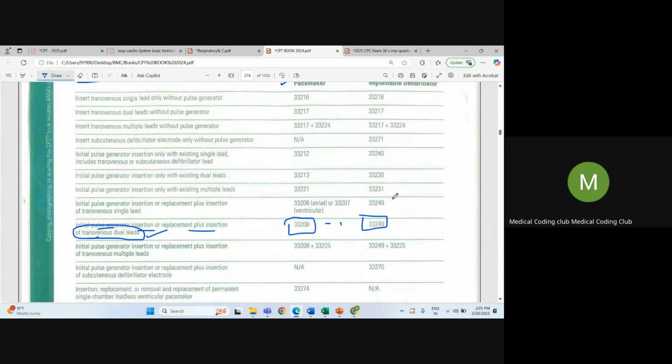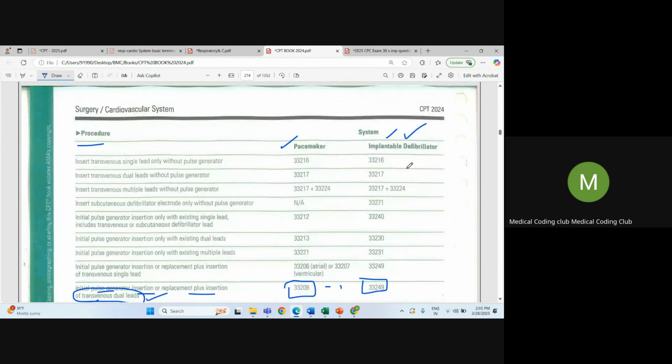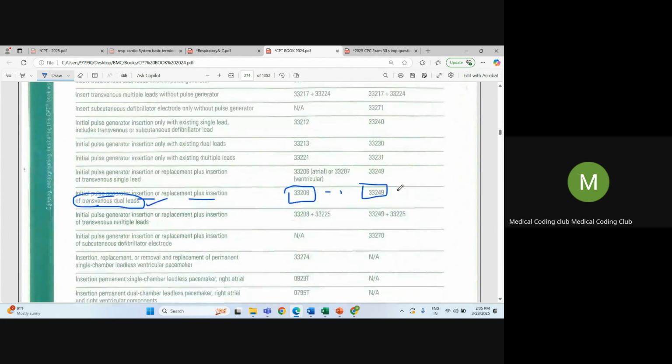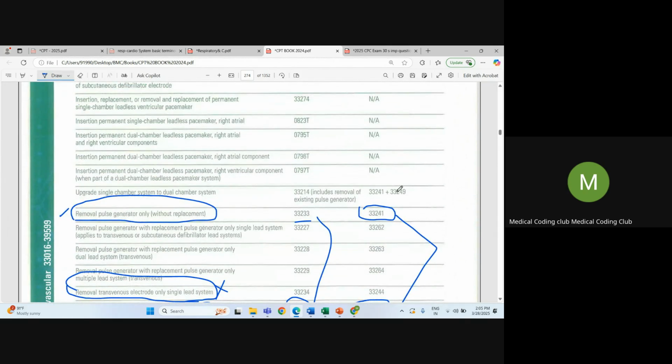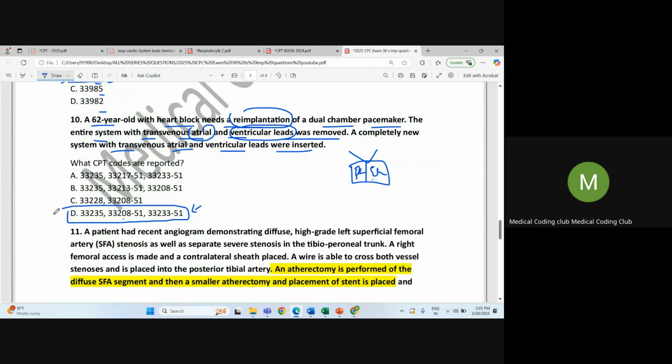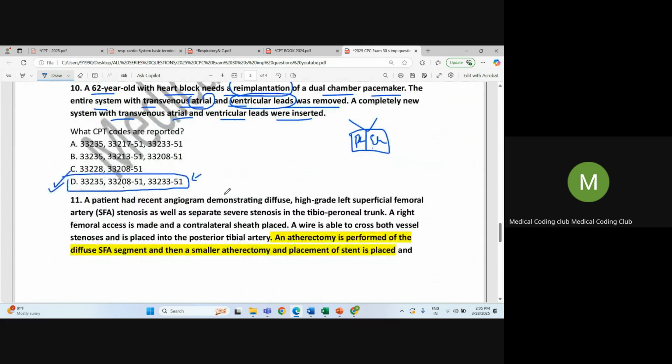This is for defibrillator. Both are important and anything can be asked, but most of the time they question removal and replacement. This is the method we code: first we code for removal, and then we code for replacement. So option D is correct.